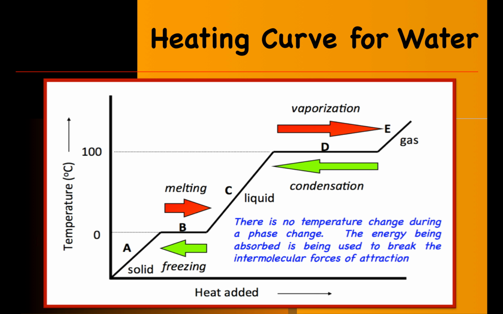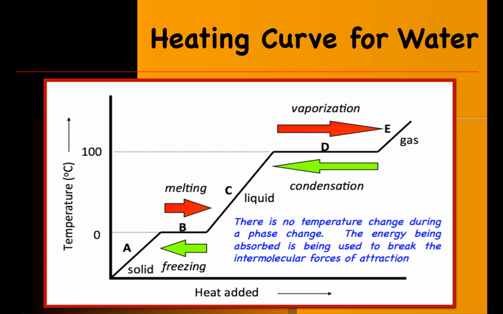On the other hand, when you're freezing, there's no change in temperature because all the energy that's being released is being used to reform those intermolecular forces of attraction. Remember, when bonds break, endothermic. When bonds are formed, exothermic.